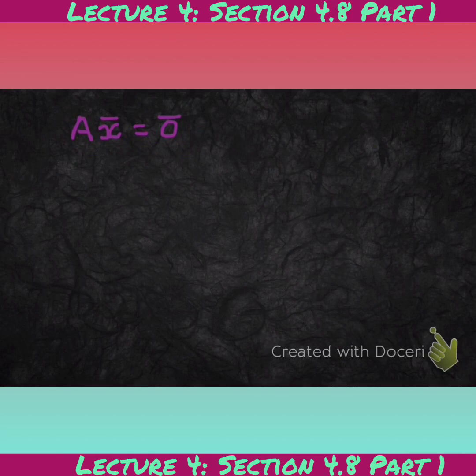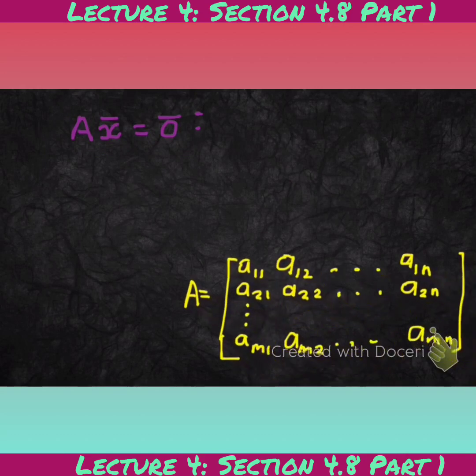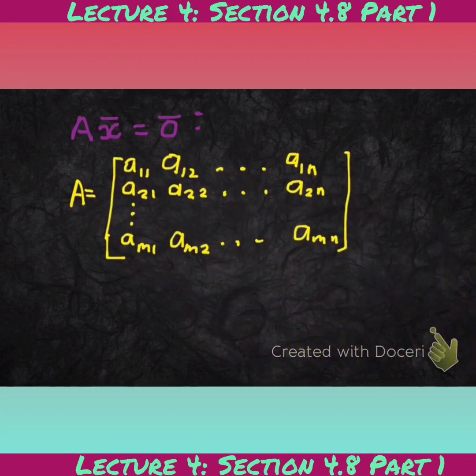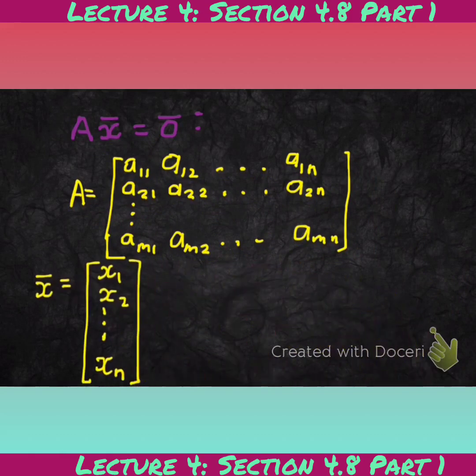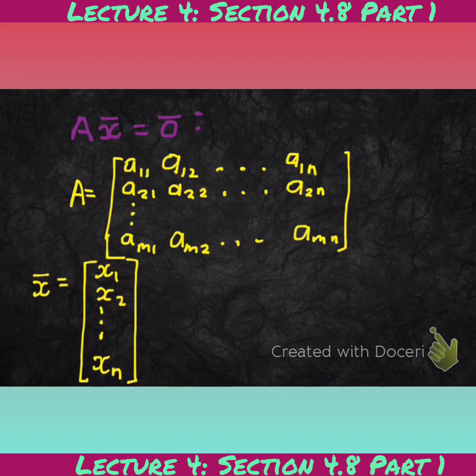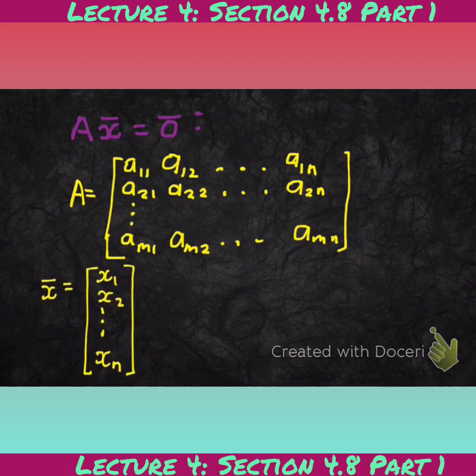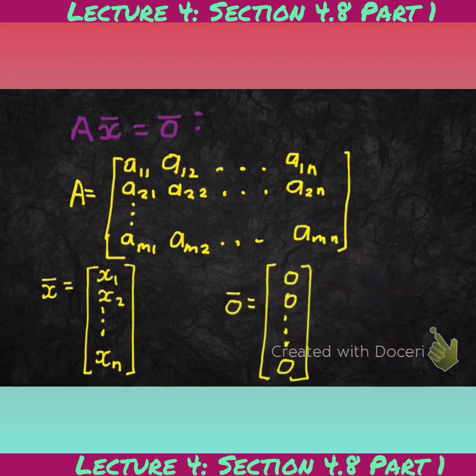Right, so what we're going to do is look at each component separately: A, x bar, and 0 bar. There we've got the matrix A. It's an m by n matrix. There we've got the x vector. And there we've got the 0 vector.